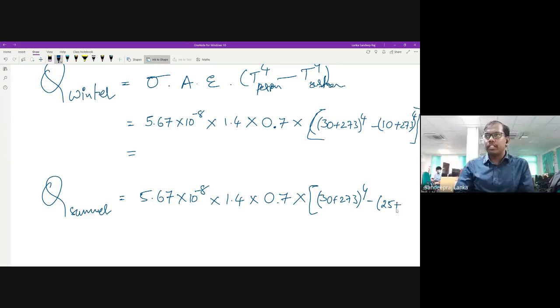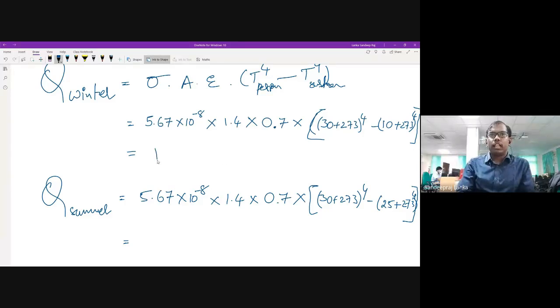The summer temperature is given as 25 in the question. Is it 25 only? Yeah, it's 25 plus 273 whole to the power of 4. Okay, so tell me these two values. Somebody calculate it.